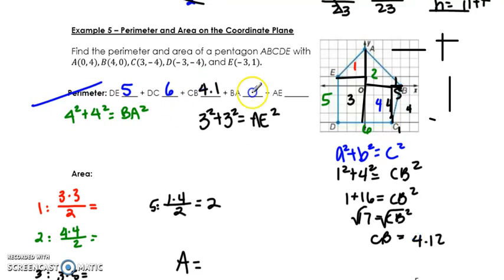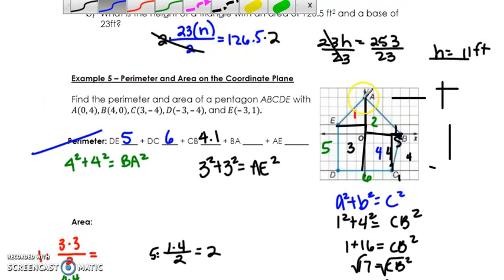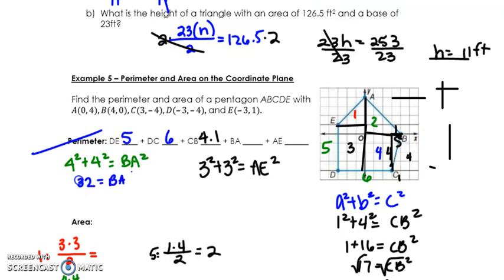So 4.1 goes here. Then I have my other two triangles up here, and it's 4 by 4, and you can go on the outside or the inside, and then 3 by 3 to find our diagonals here. So that's going to give me 16 and 16, 32, and then we'll do our square root, and the square root of 32 is going to give us 5.7.